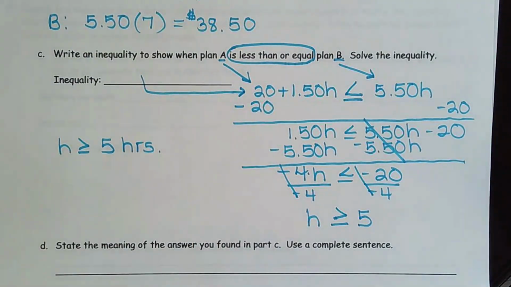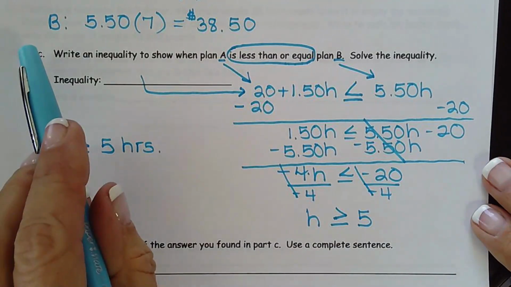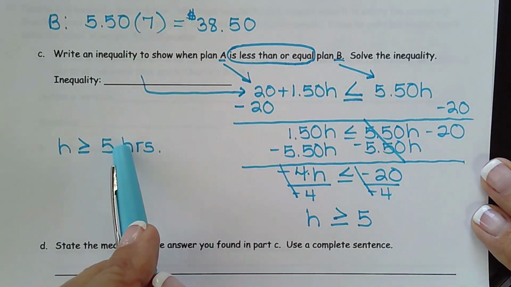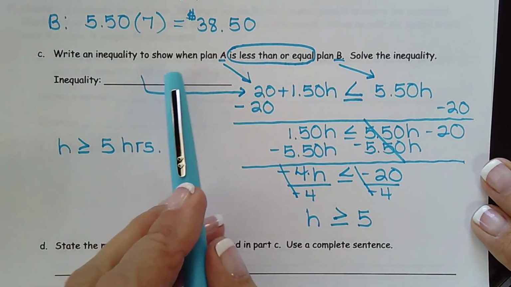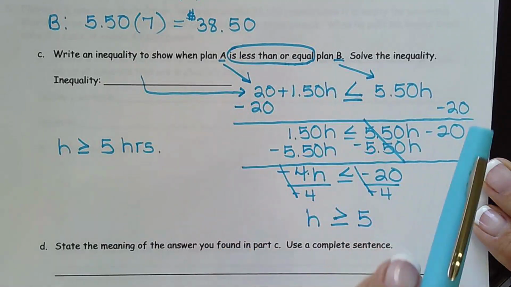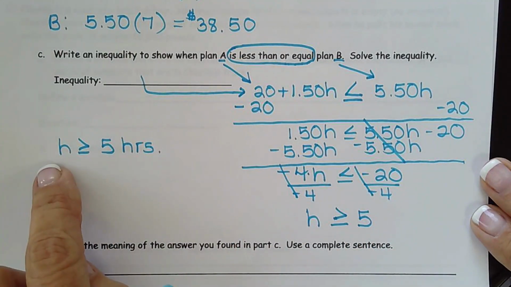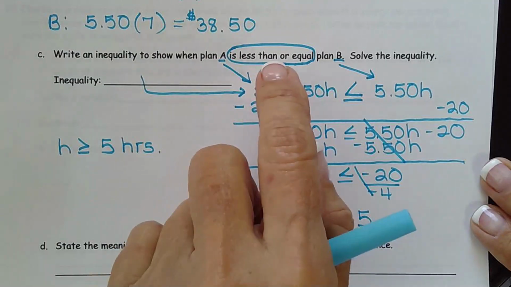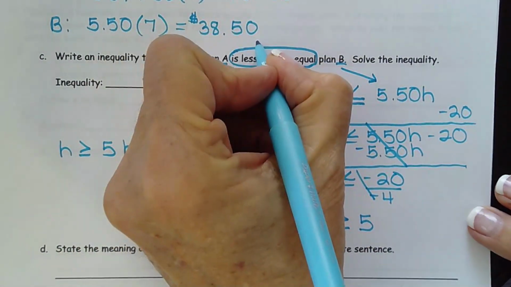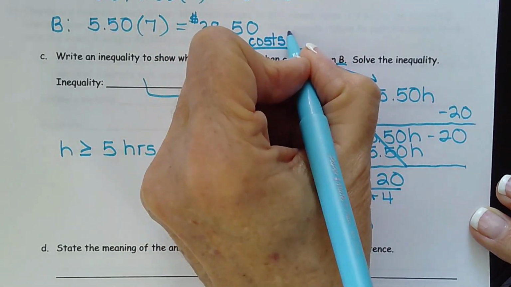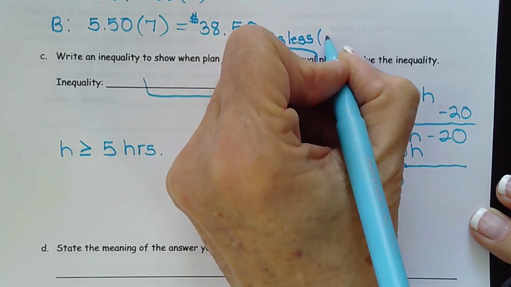So do you guys all remember how I taught you to do the description? You repeat what you have there, and then you say when, and then repeat this. So plan A will be less than or equal to plan B when the number of hours is greater than or equal to 5. So plan A, maybe instead of less than or equal to, we could say costs less or equal.